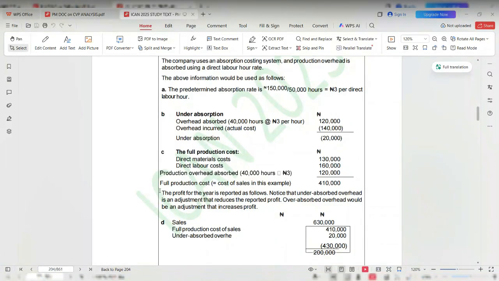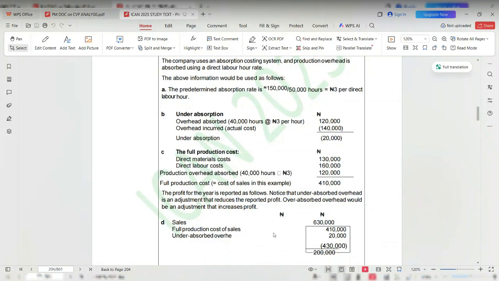So I can bring the under absorption here, I will just say 20,000. Another thing with PM is that there is no single way of getting your solution. The only thing is to make sure you do the right thing so that you can get your answer. So here we have 220,000. So our profit will now be 200,000. So let us see what they've done here.